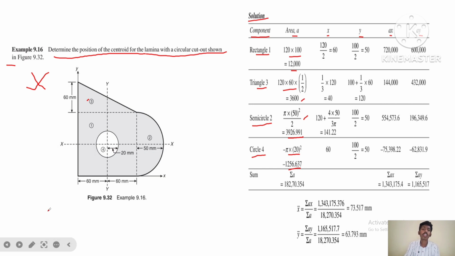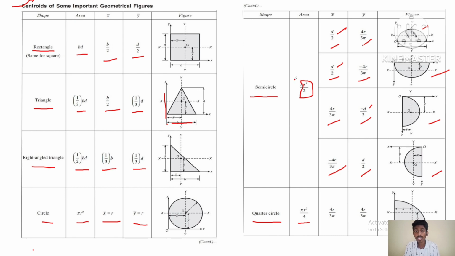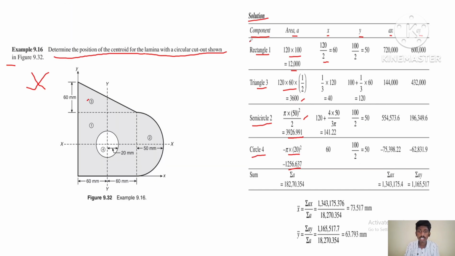Next, we have to calculate the x distance of all the components. For rectangle, we can use this table for solving. The x distance of rectangle is b by 2, that is half of the breadth. Here the breadth is 120 divided by 2, which is equal to 60. For triangle it is 1/3 of the breadth, which is equal to 40. And for semicircle, x distance is 4 times radius divided by 3 pi.